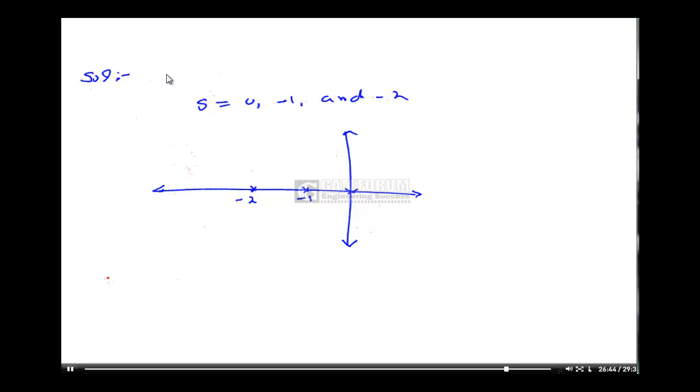Applying the rules of plotting the root locus, my root locus will lie in these regions. Since in this case there are no zeros, all poles will terminate at infinity.